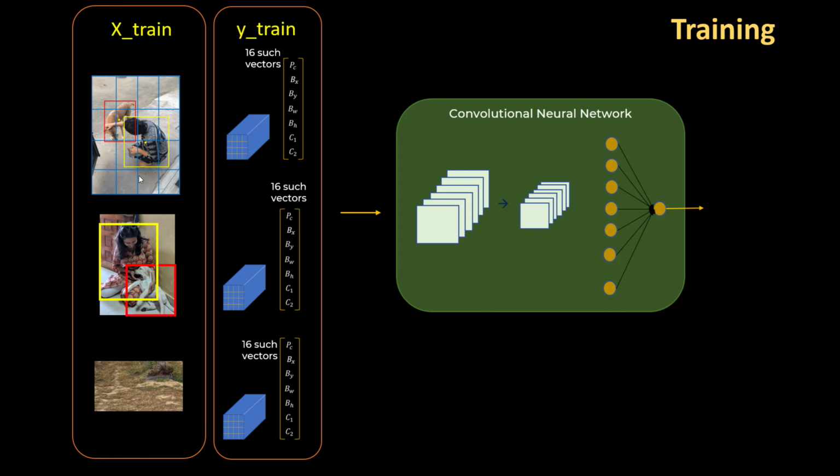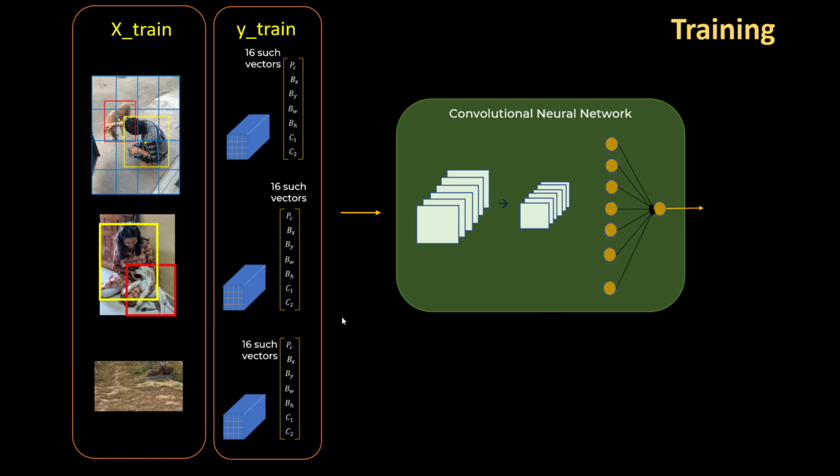It varies. It doesn't have to be 4 by 4. And you will come up with the y or target vector, which will be, for each cell there will be one vector. So there will be 16 such vectors per training sample or per training image.